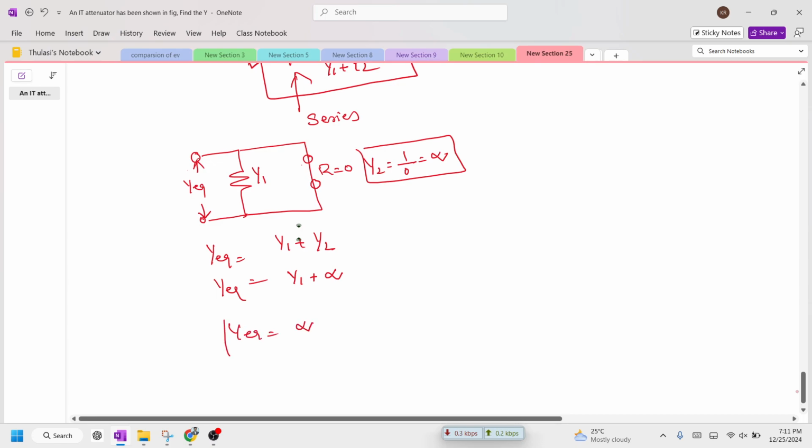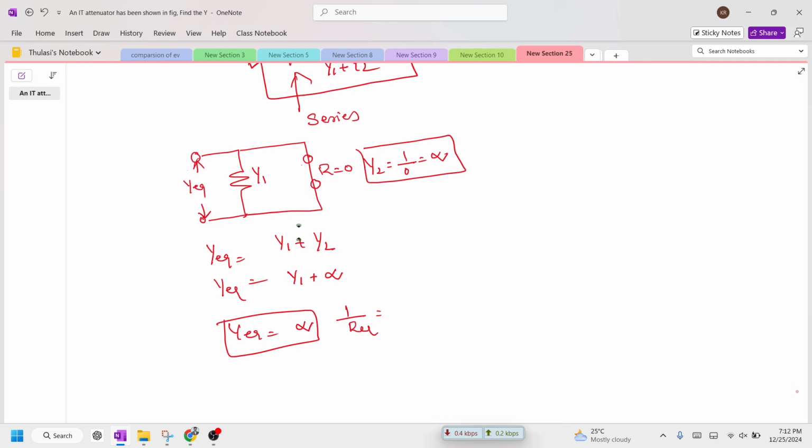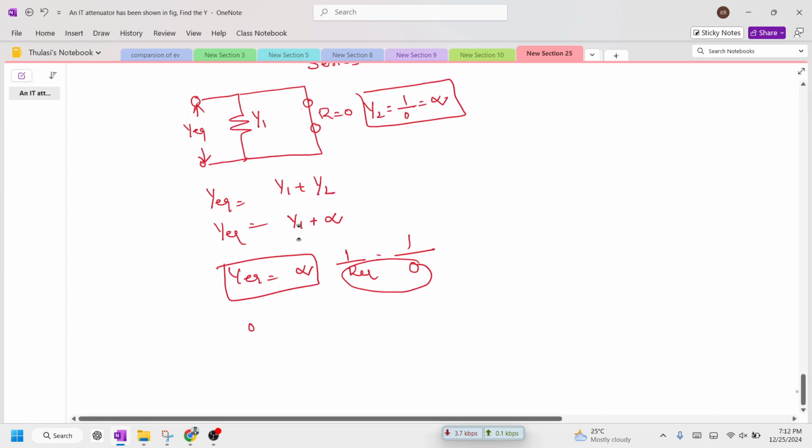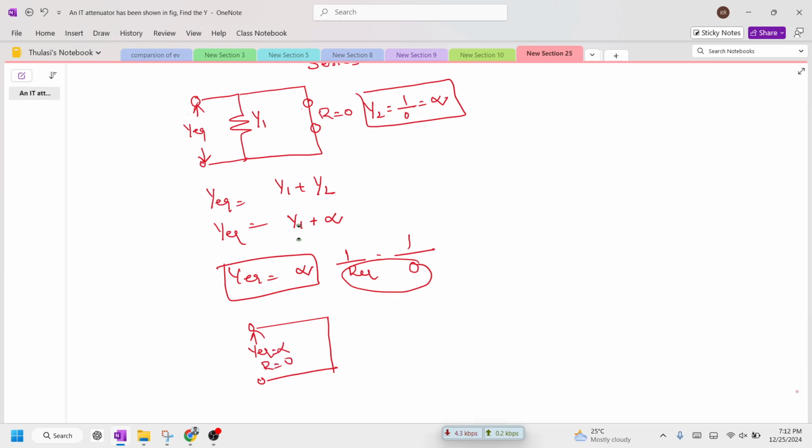Y equivalent is infinity means what is r equivalent of the resultant? 1 by r equivalent is infinity, so automatically r equivalent should be 0. Therefore this circuit is nothing but a short circuit, where r is 0.